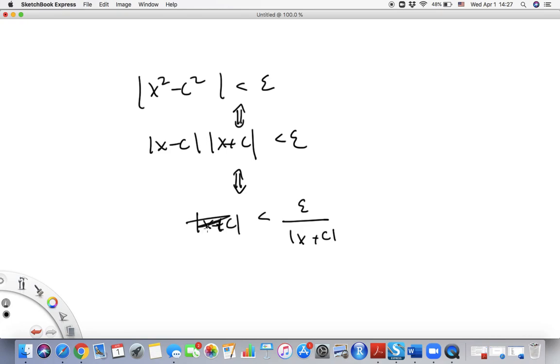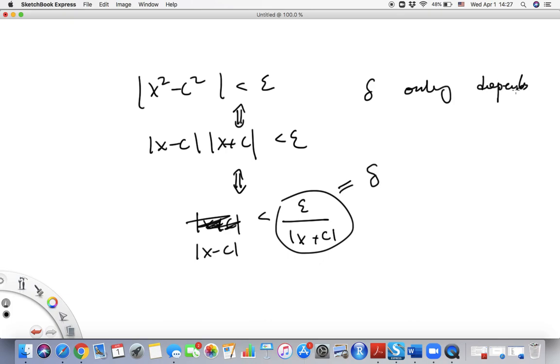And then you might ask, why don't we let this be delta? We cannot do that because delta only depends on epsilon. Okay, so here in this expression, we have x. Okay, and x is a variable. C is fine because c is a constant number, but here x is a variable. Okay, so that's not allowed.